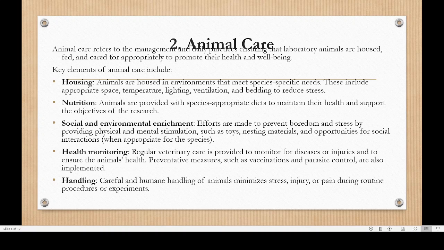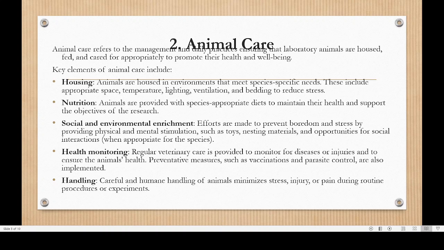Then handling. Careful and humane handling of animals minimizes stress, injury, and pain. For example, if it is a rat, we cannot hold the rat by its tail or by its neck. We have to handle it properly, just like we handle a baby. We have to handle the animal very carefully so that it doesn't have any kind of stress or discomfort.